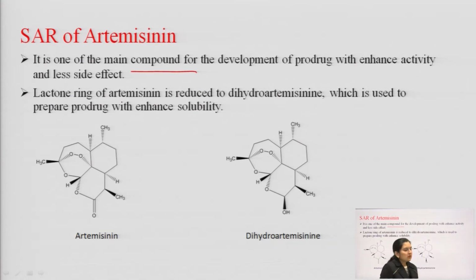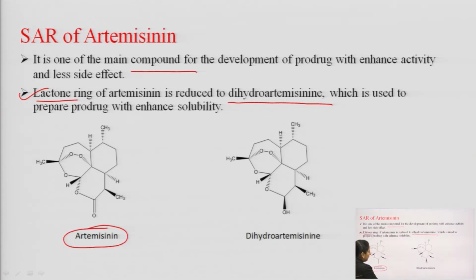So, we will see here first of all that the lactone ring of artemisinin is reduced to dihydroartemisinin. First modification which we find here: in artemisinin there is a C double bond O group, that is a ketone group.